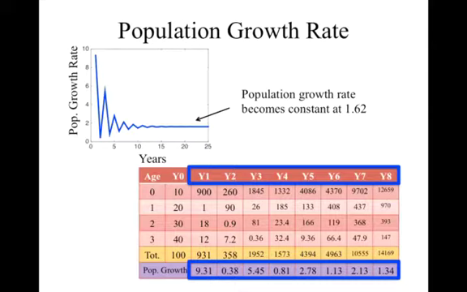The population size is not the same. The population is growing, but the rate at which it's growing, the size 1 year divided by the size the year before, starts to become a constant. And so in this particular case, it becomes 1.62. That year-to-year population growth rate plateaus or flatlines at 1.62.